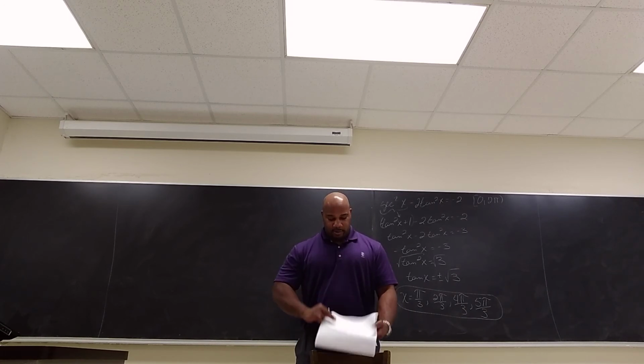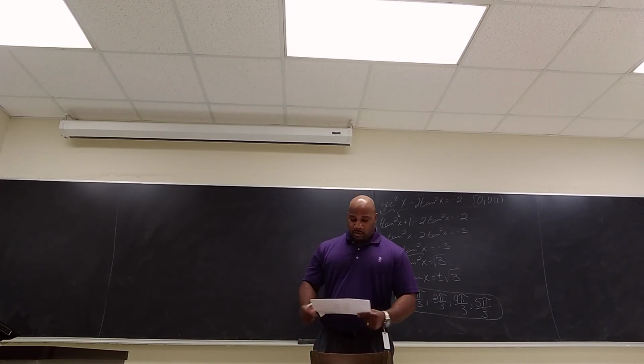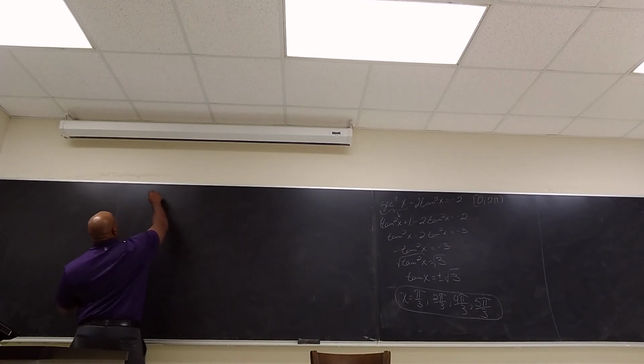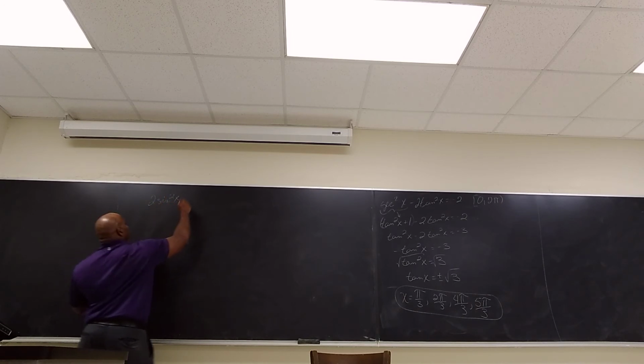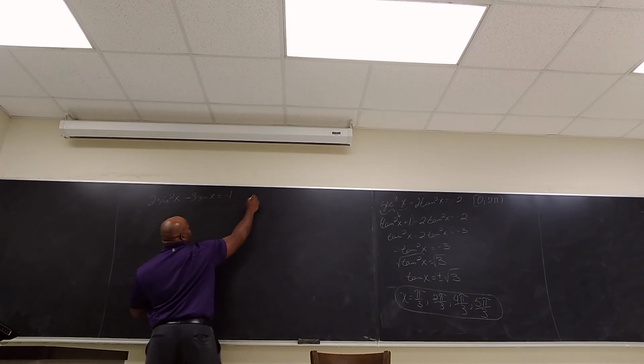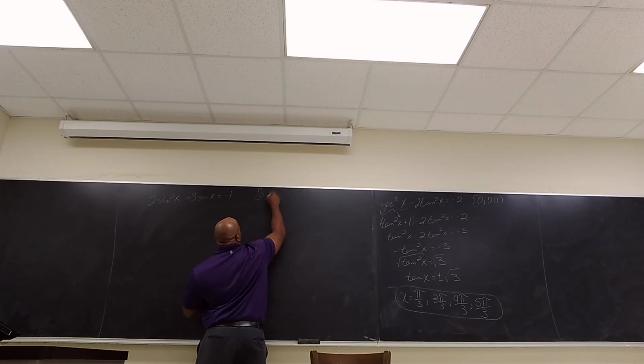All right, so this last one, we want to find all my solutions for 2 sine squared x minus 3 sine x equals -1. And then my interval is the same, 0 to 2 pi.